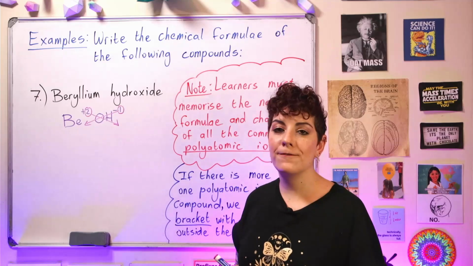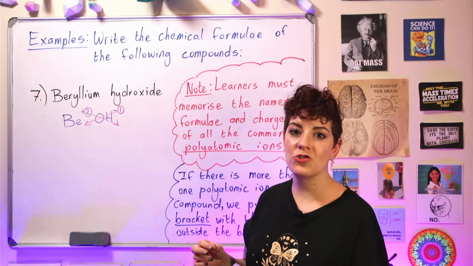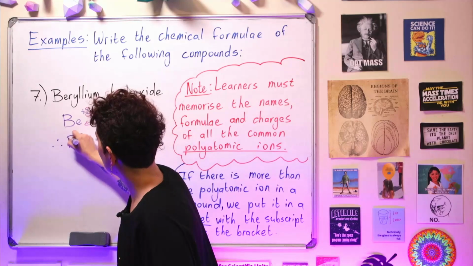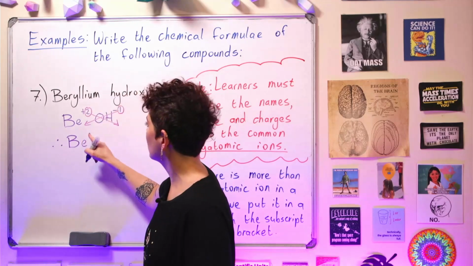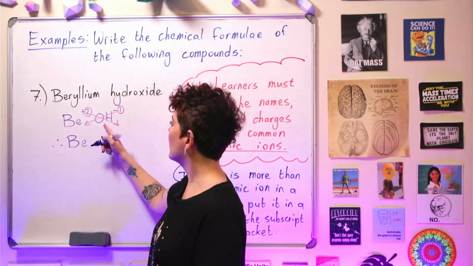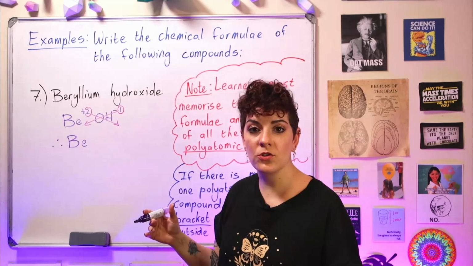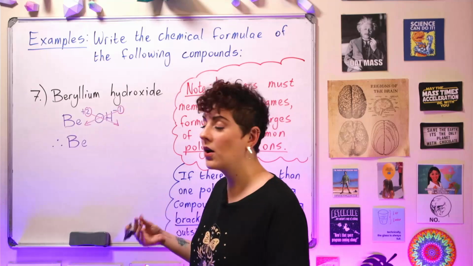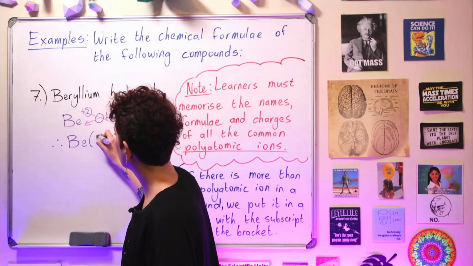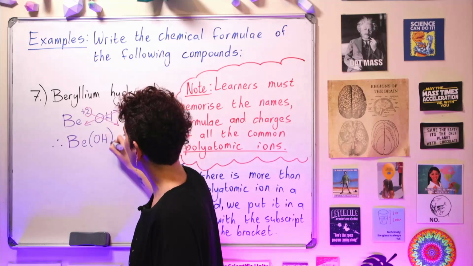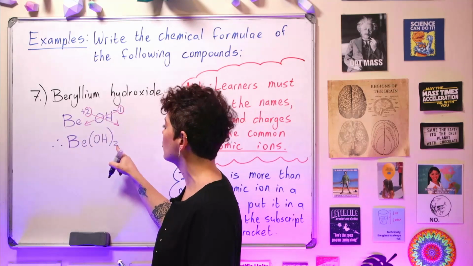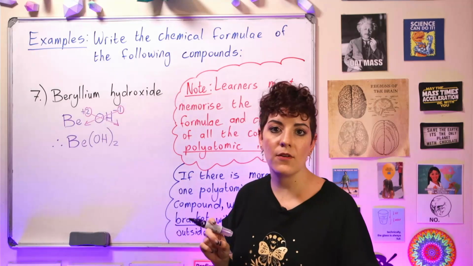So now what is the final formula of beryllium hydroxide going to be? Well, it's going to be Be1, the one that we crossed over, we do not show in the formula. And then we're going to have OH2. But because we're going to have two polyatomic ions, hydroxide ions, I have to put the OH in a bracket. And the 2 that was crossed over from the beryllium charge, it goes on the outside of the brackets.